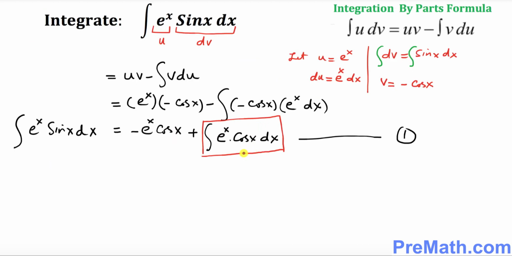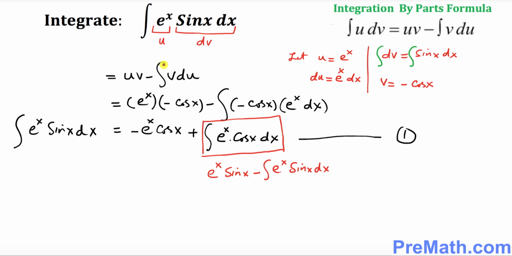Now we are back to our original equation number 1, and as you can see in this box, we've just figured out on another page the value. The value turns out to be, for this one, e power x sine of x minus the integral of e power x times sine of x dx, isn't it?